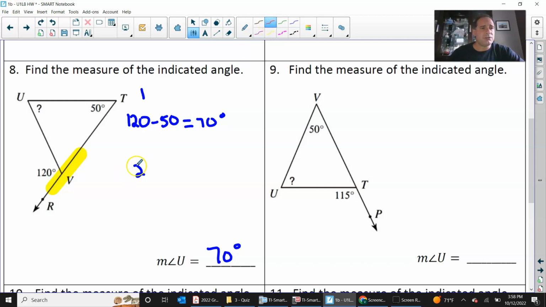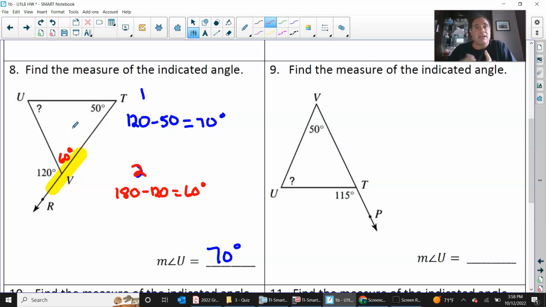So I am going to do this second method, and the first thing I see is that it's a straight line. It's 180 minus 120. I know that equals 60 degrees, and I'm going to put 60 degrees right here. Once I have that, I know I have two of the interior angles of a triangle.